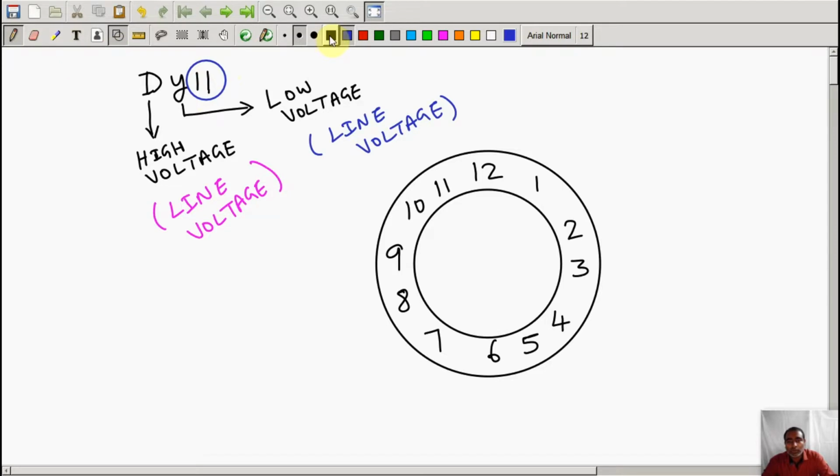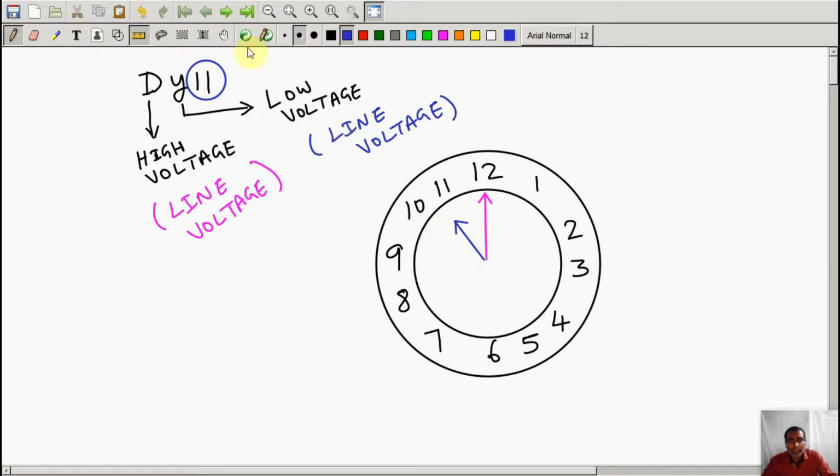Let us place the minute hand here. Since it is 11 o'clock, the minute hand will be pointing towards 12 and the hour hand will be pointing towards 11.